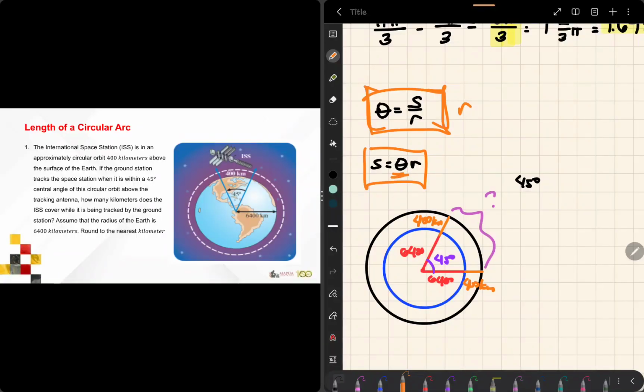We can't use this formula if our angle is in degrees. So please remember that our theta should always be in radians, not in degrees.